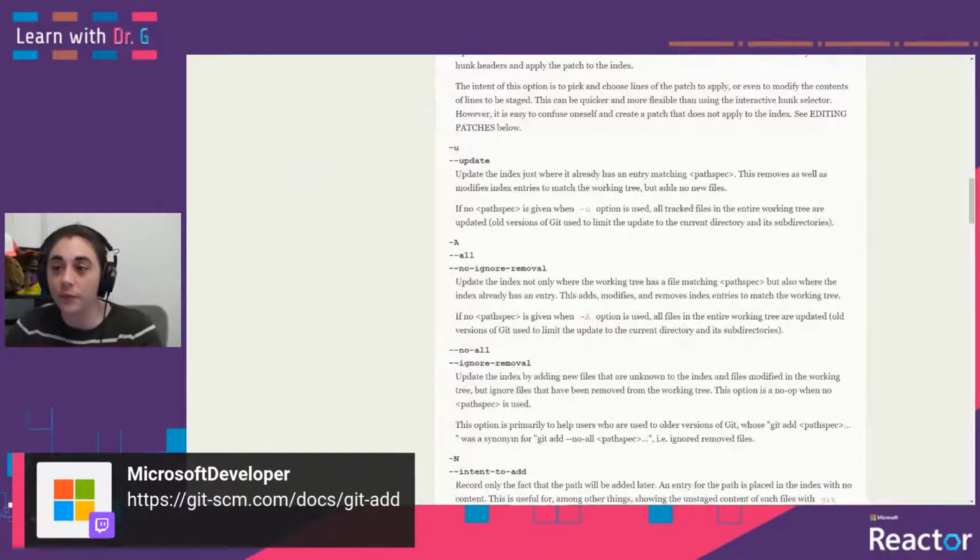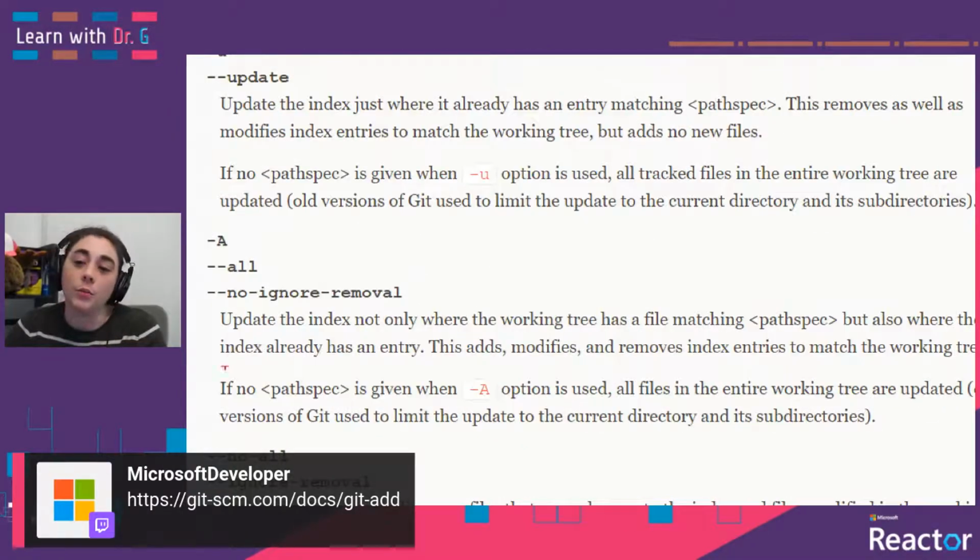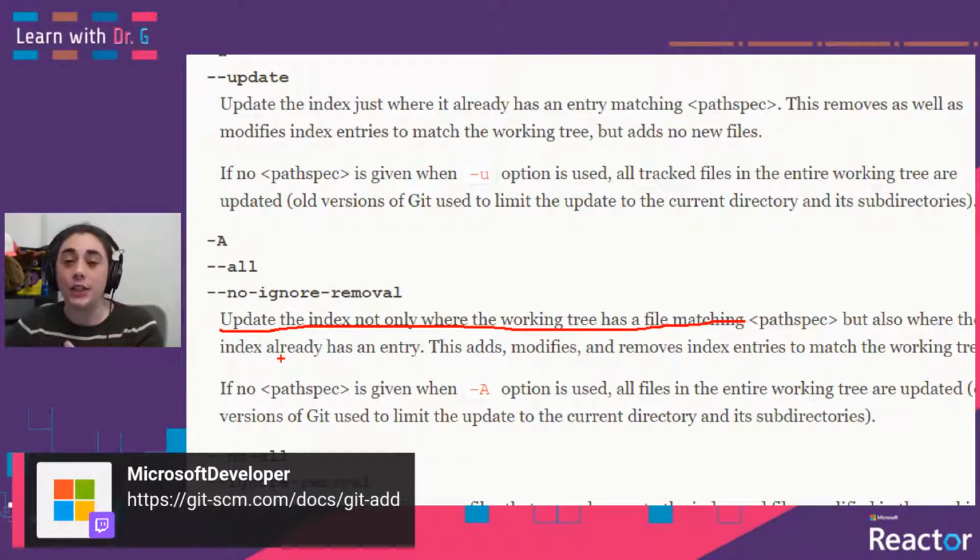Here we go. -A, you can read more about all of that. So not only when the working tree has a matching file path, but just anything that already has an entry. So if you've already added it in the past, it's just kind of bring everything in.